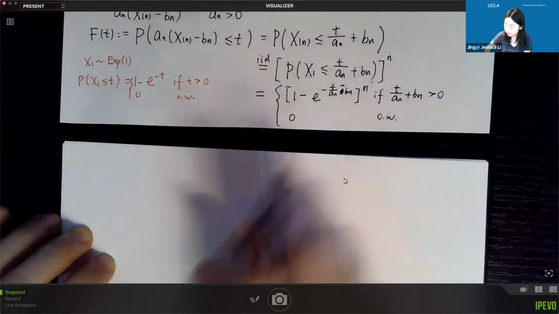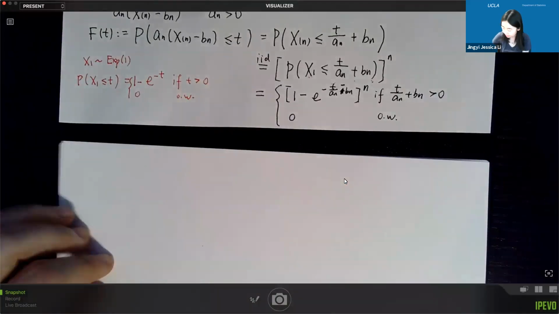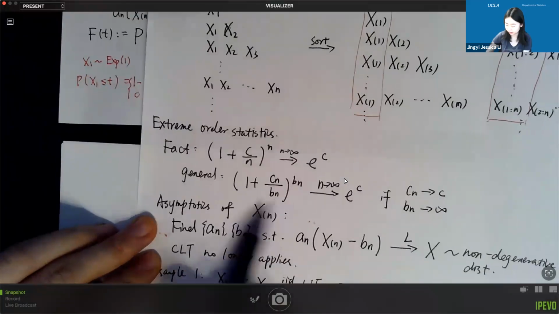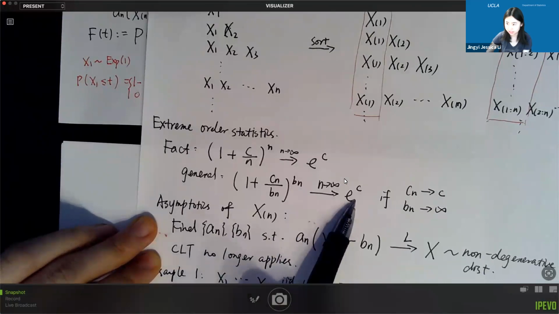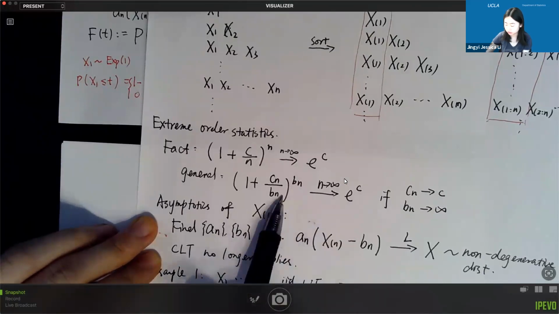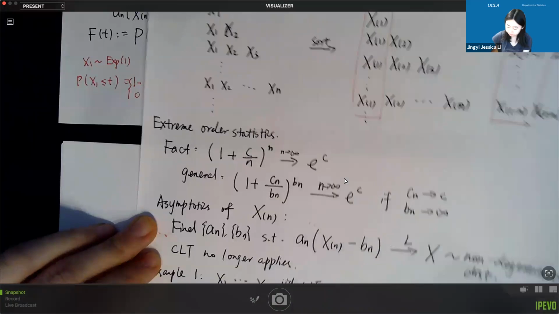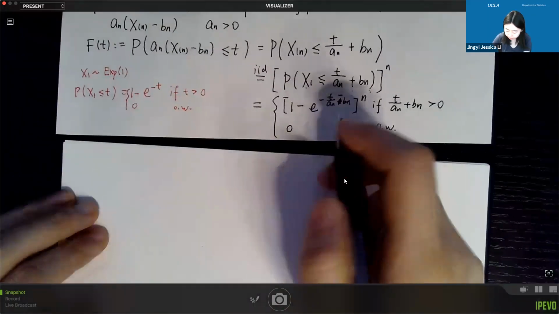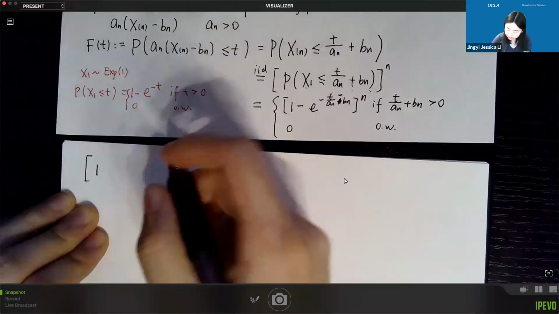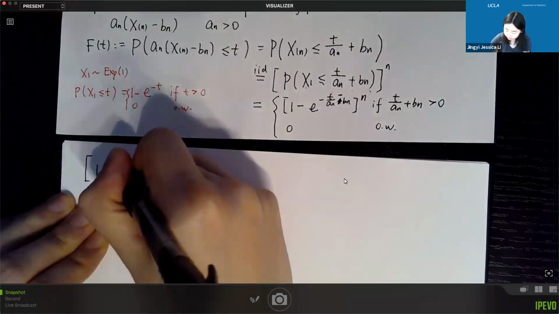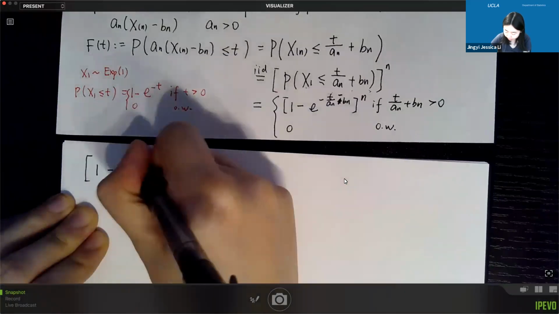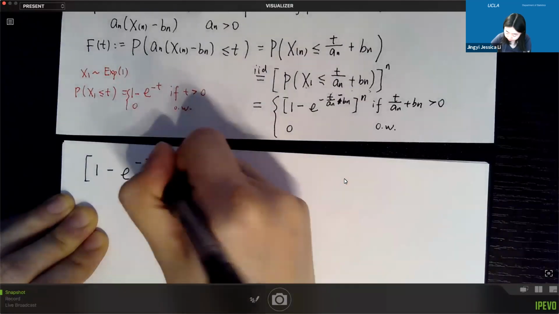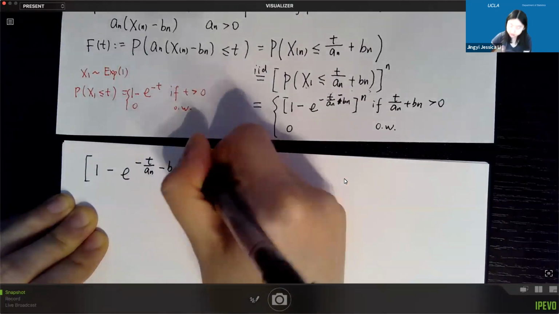Ultimately, from our last lecture, we want to have some form like this, so we can have it converge to a limit that does not depend on n. N is going away, and that's our goal. So looking at this term, 1 minus exponential to the power negative t over a_n minus b_n, to the power n.